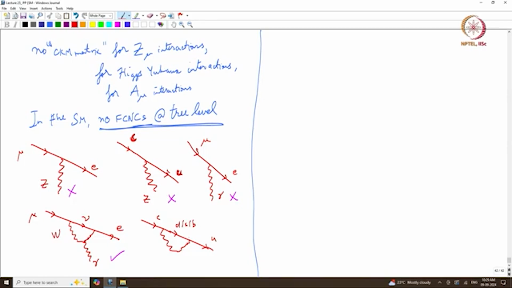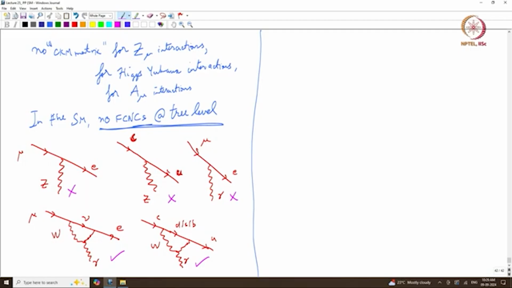There is a g2, but then you also have to multiply it with the relevant CKM matrix element, and I can spit out a gamma. So this is also allowed. So see, at loop level in perturbation theory you can have flavor changing neutral currents in the standard model. However, charged currents you can have at the tree level itself, flavor changing charged currents, right.